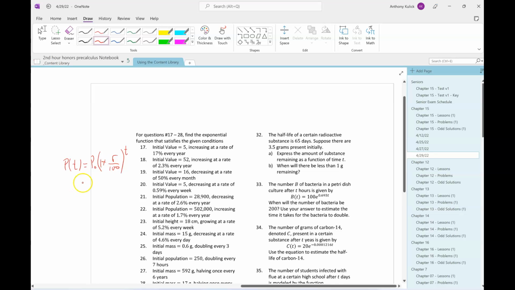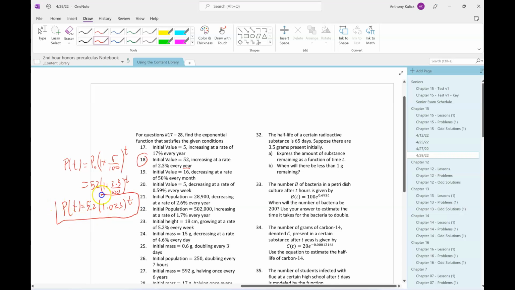P naught is the initial value, so 52. And then my r is 2.3. And since that's happening every year, I can just leave t in years and it can just be t. So I could simplify that down. So 1 plus 0.023 divided by 100 is just 1.023.